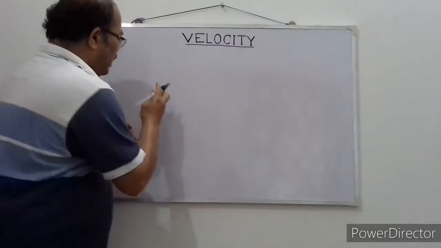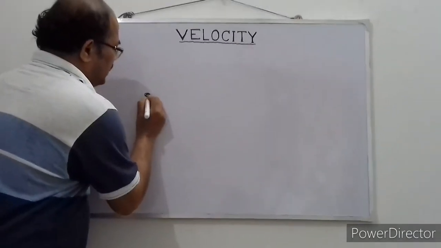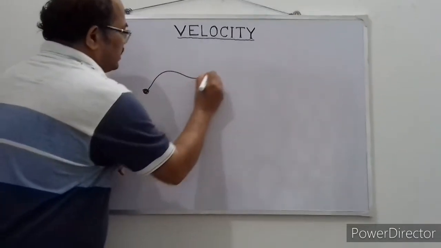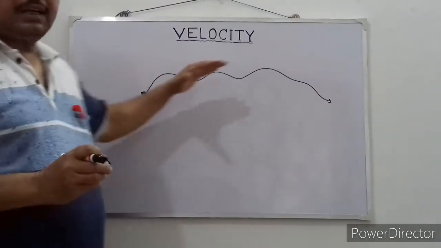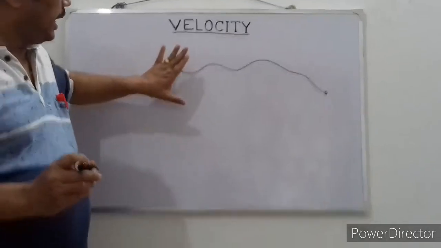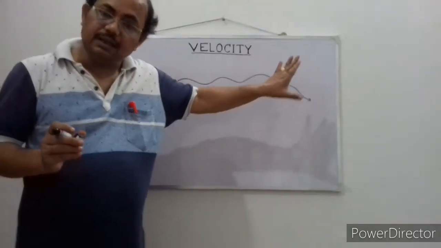Let a point particle be moving in this direction, that means in a curvilinear path in a two-dimensional plane.